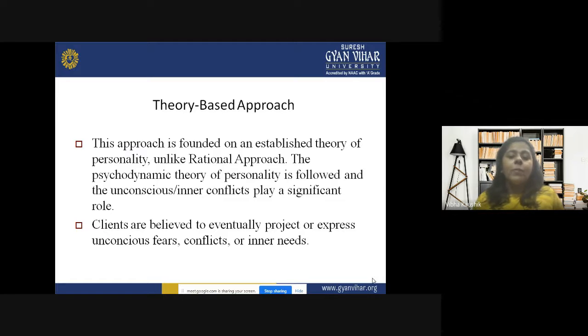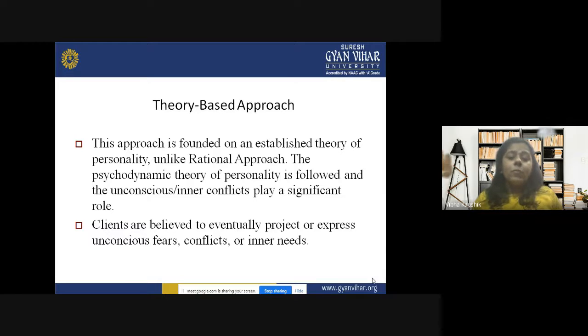Unlike the rational approach, the psychodynamic theory of personality is followed and the unconscious inner conflicts play a significant role. The theory on which this test was developed was the psychodynamic theory of personality.